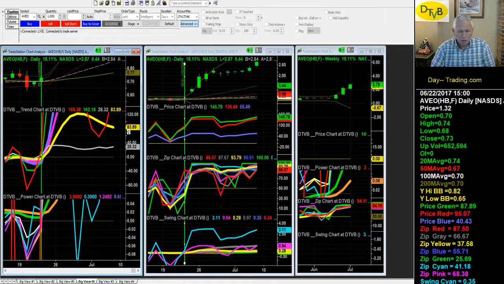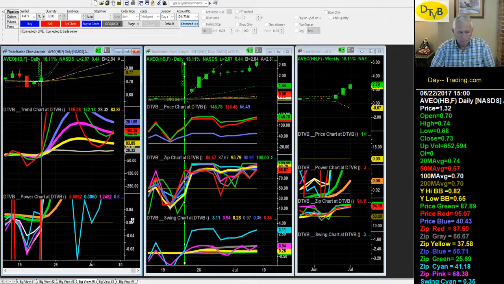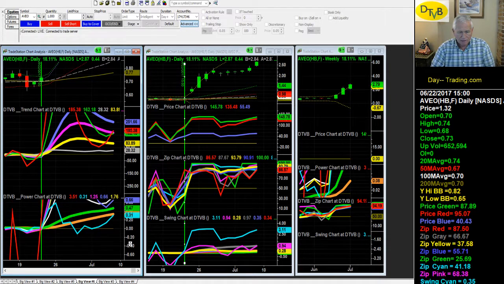Now back to the process of identifying this movement that we see as far as trading it after it gaps up.